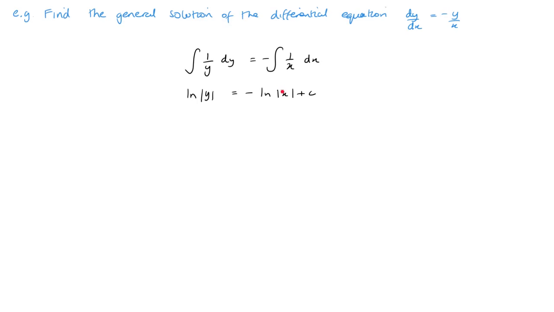So you can do that, but in this case, what we can do is, if we keep it as a c, we can bring my log x onto the left. Sorry, that's not a times, that's a plus. And this is log xy equals c.